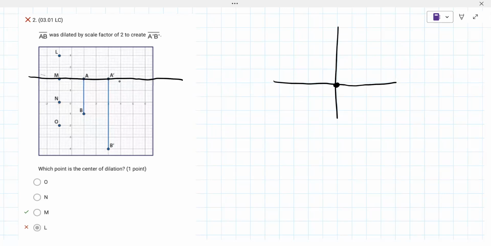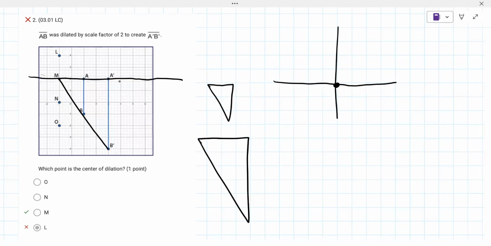Plus, you can see that there's this triangle now that's created. There are now two similar triangles created as a result of that. So it really comes down to adding some extra lines.